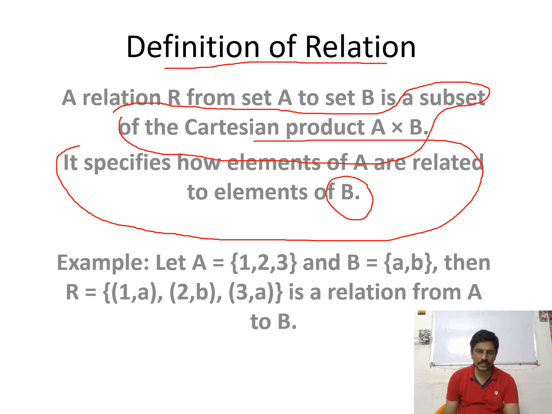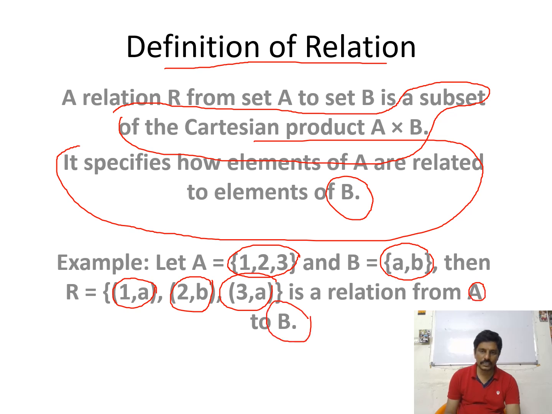For example, if we take A equals 1, 2, 3 and B equals a, b, then we write a relation from A to B as (1, a), (2, b), (3, a). It is a relation from set A to set B.